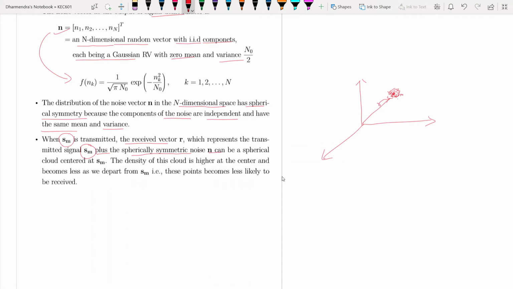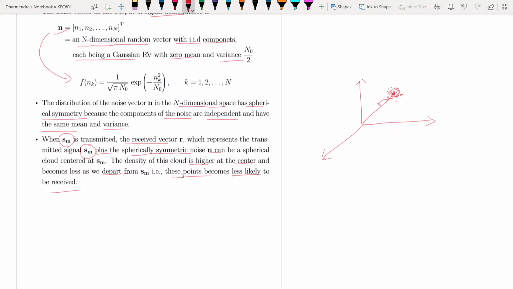The density of this cloud is higher at the center and becomes less as we depart from the center, because the likelihood of occurrence of a point far away from the center of this cloud is less.